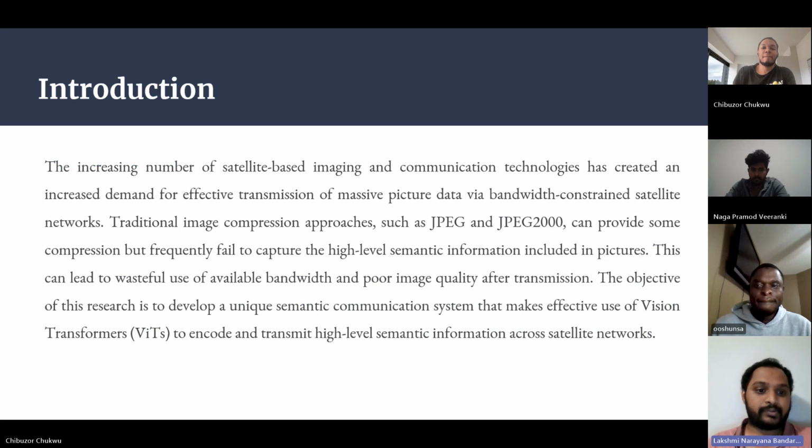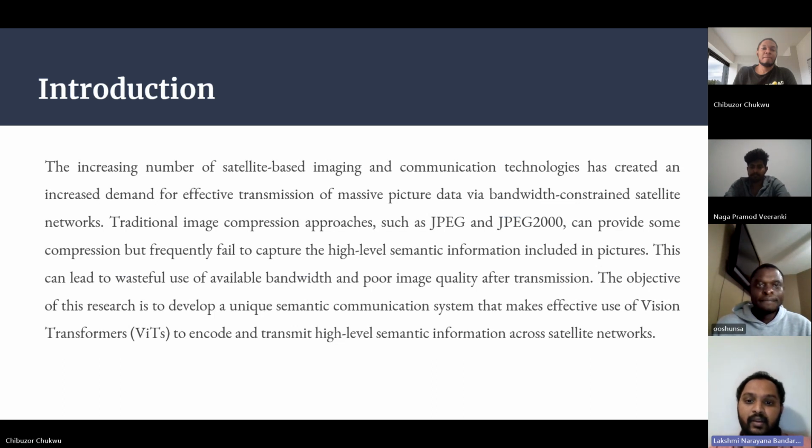The introduction: the increasing number of satellites and the communication technologies based on images has increased the demand for effective transmission of massive pictures and data.